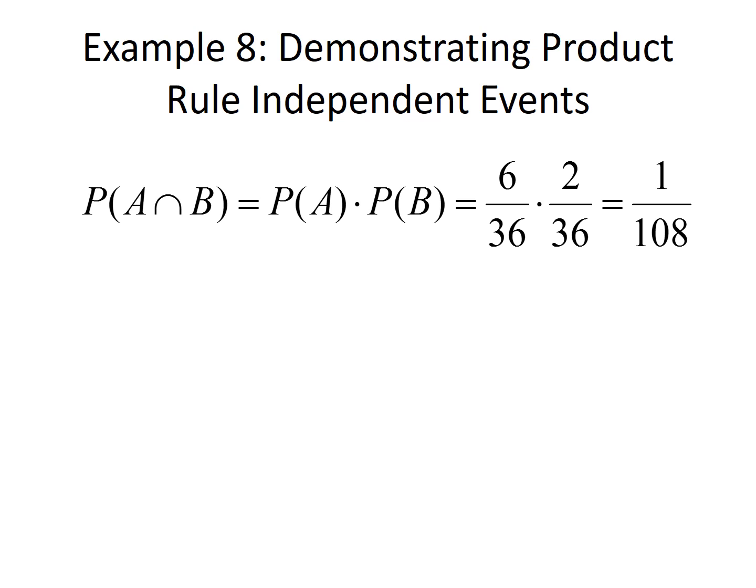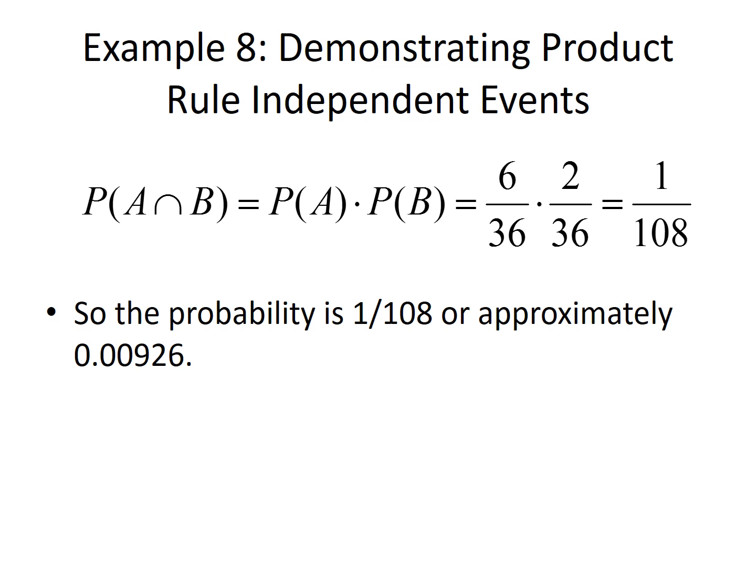Multiplying these two fractions together, 6 divided by 36 times 2 divided by 36, and reducing simply gives us 1 over 108. So the probability is 1 divided by 108, or approximately 0.00926. This is 0.9%. This is less than 1% chance of seeing such an event.